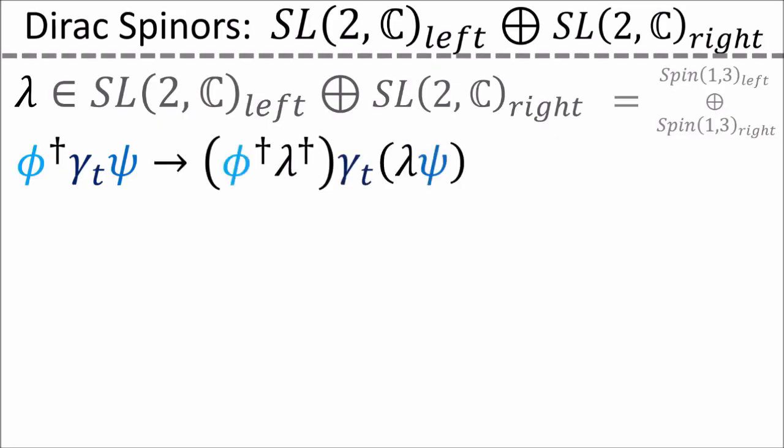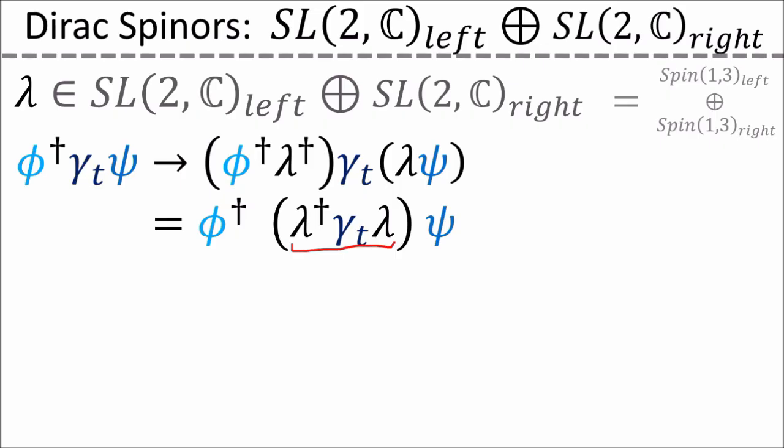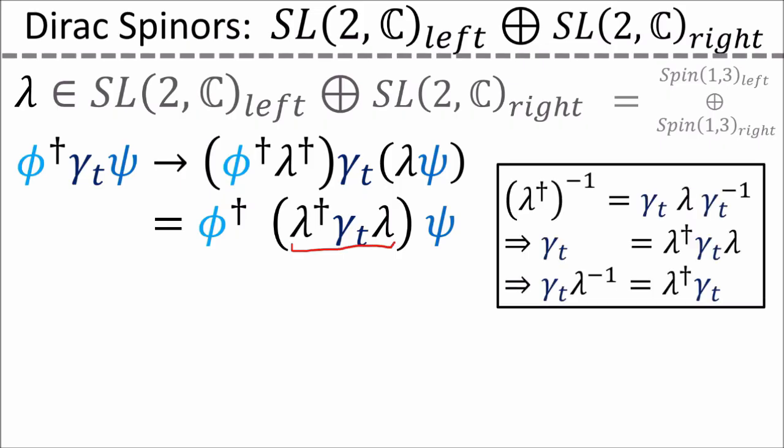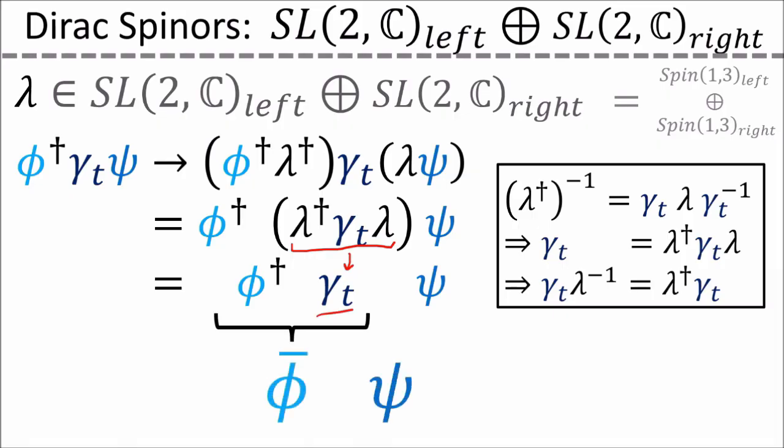We can Lorentz transform this and use the properties of gamma t to show that the scalar product is unchanged after the coordinate transformation. We define phi dagger gamma t as the Dirac adjoint of the spinor phi, written phi bar. This is like the left half of the scalar product for Dirac spinors.